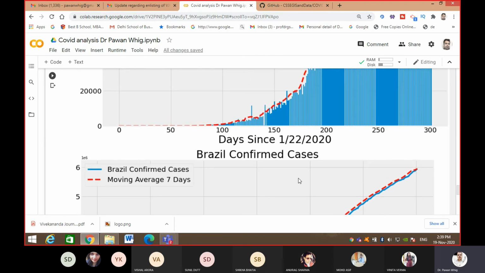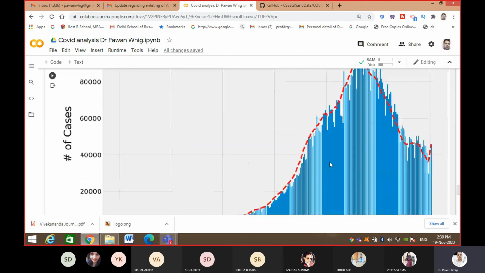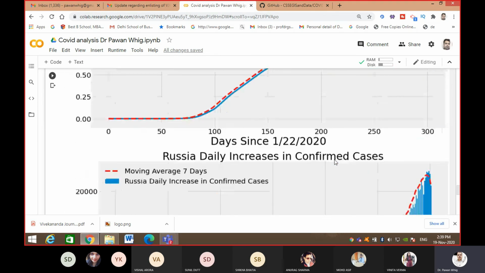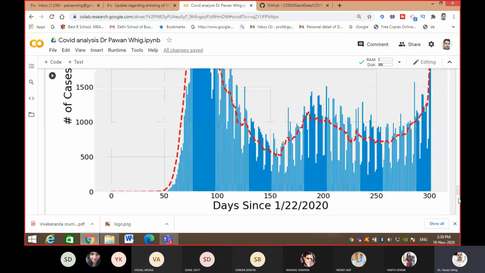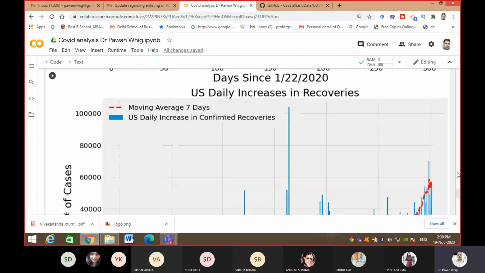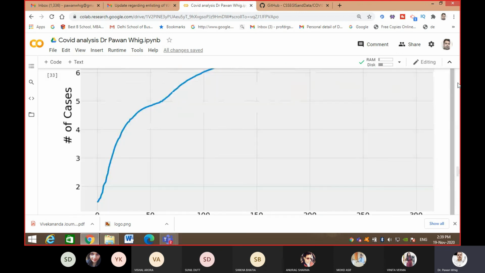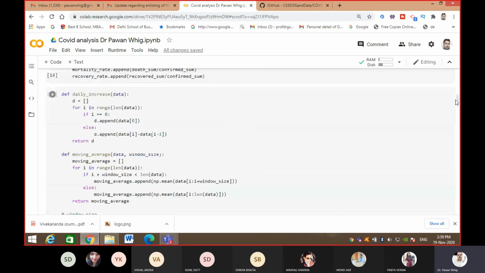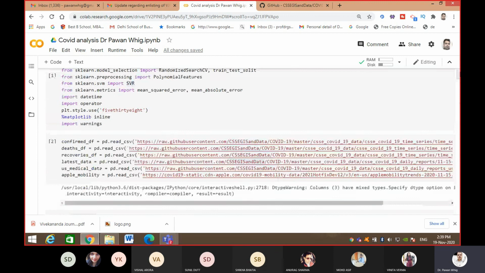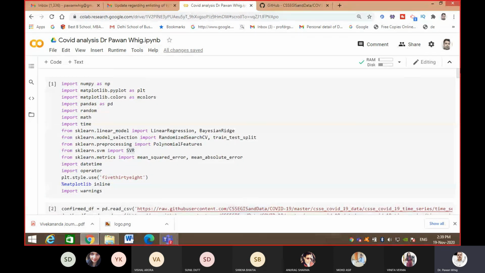Similarly, the same kind of information is there for all the other countries. I hope you understand how we can visualize the data, and similarly you can plot this data with other tools that I mentioned in earlier algorithms or projects. You can perform the same kind of analysis over this data set.